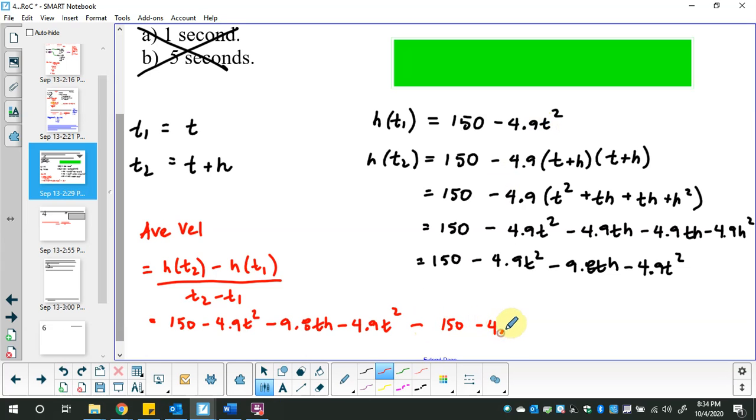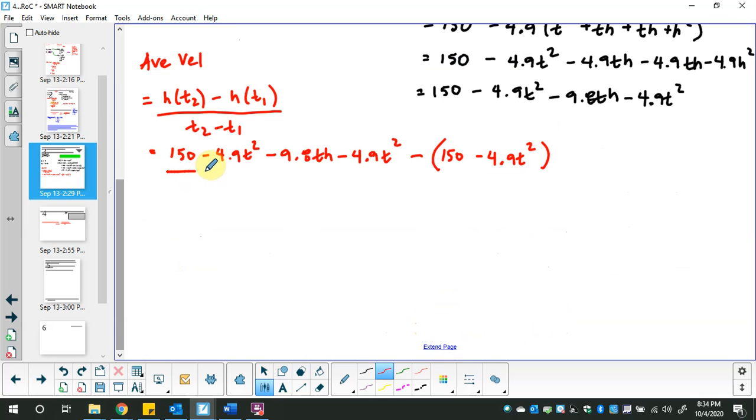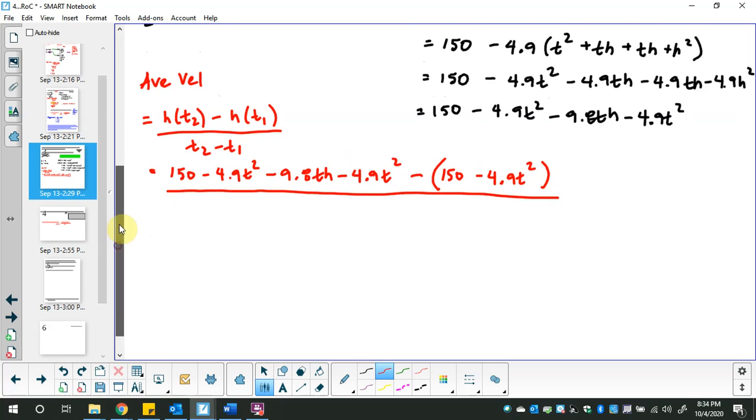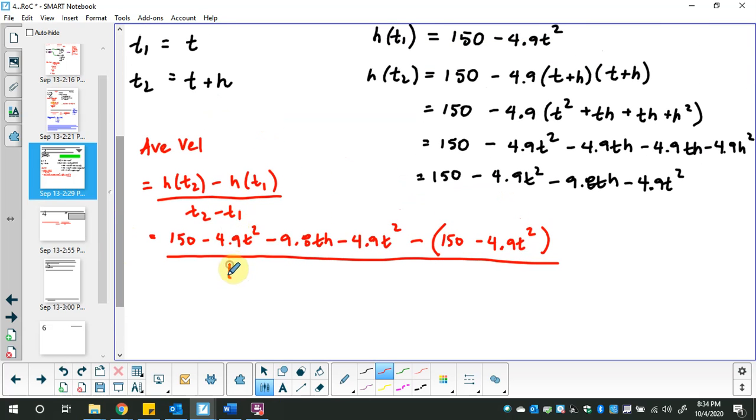And if you do this, you have forgotten that a quantity needs brackets after a subtraction sign, or it needs math. And then in the denominator, T2 minus T1. Cancel, cancel.